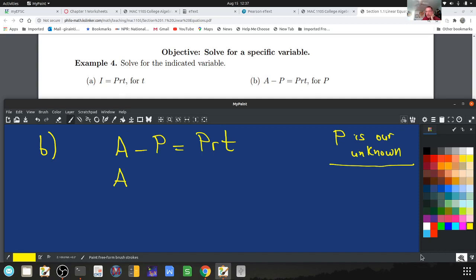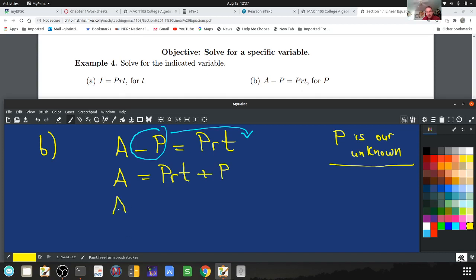So I'm going to take my minus P and add it to both sides. So that's going to give me A is equal to PRT. What's the price I pay? Change the sign. Plus P.